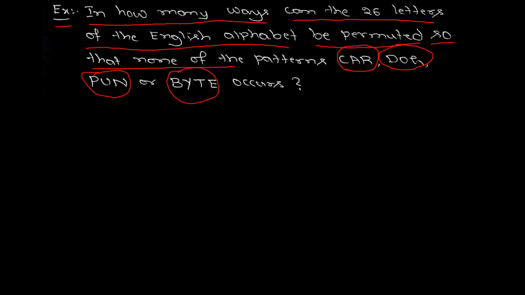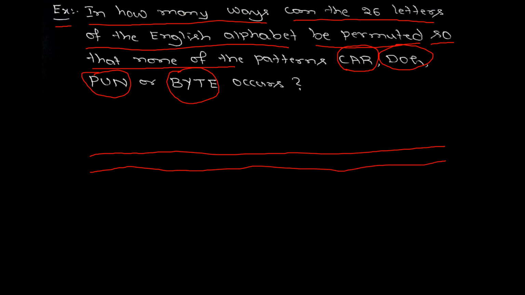That means we need to arrange 26 letters in a sequence. There are many ways to permute 26 letters.